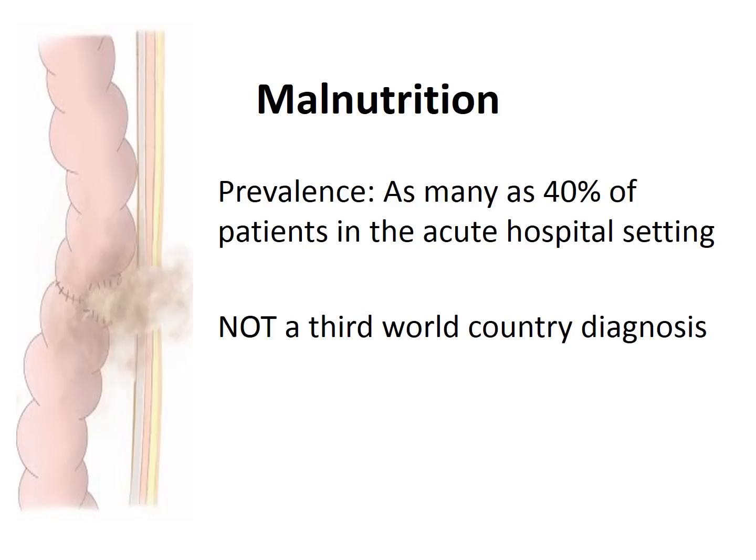And it is important to note that it is right here in Kentucky or Tennessee. So how prevalent is malnutrition? It's noted that 40% of patients in an acute hospital setting may be malnourished. This is due to them not feeling well and not eating well.